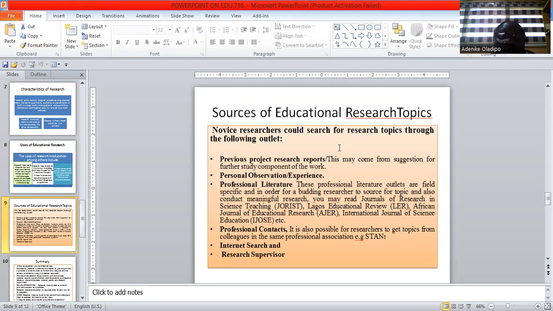And that is another source of educational research topic for you. On the whole, we have previous project research reports, personal observation, professional literature, professional contact, internet search, and research supervisor as sources of educational research topics.